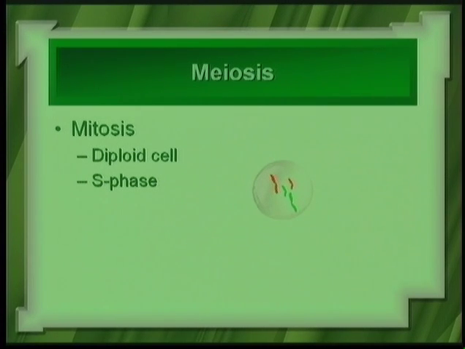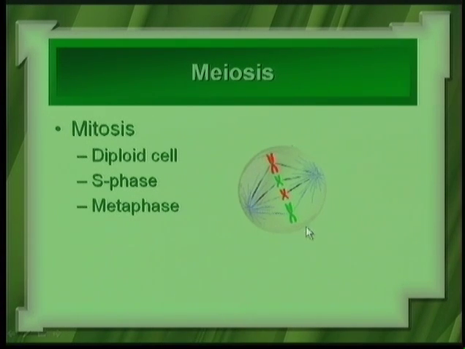Mitosis starts with prophase, when the chromosomes become visible. Then you have metaphase, and here is metaphase. During metaphase, just like in prophase, each of the chromosomes will have duplicated themselves, and each of the resulting 2 sister chromatids are joined together at the centromere.